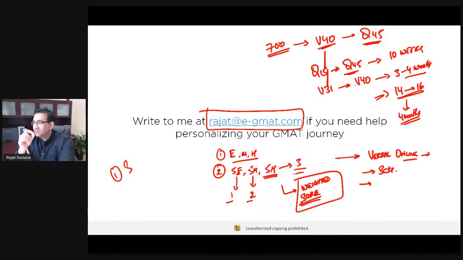Just to really tell you the statistic: on the e-GMAT platform, upwards of 2,000 students log in every day. So we get a ton of data for you guys.